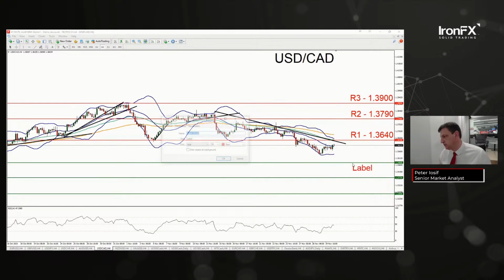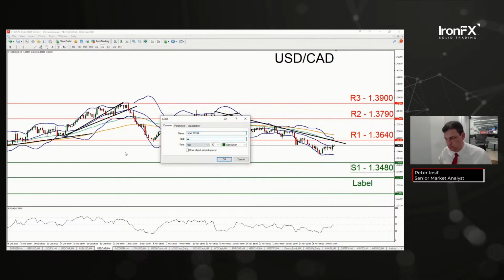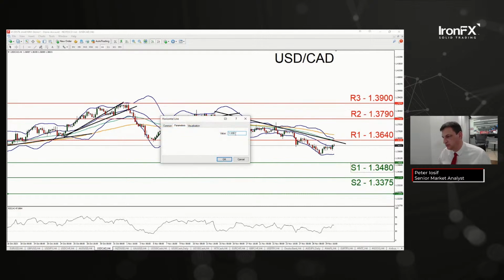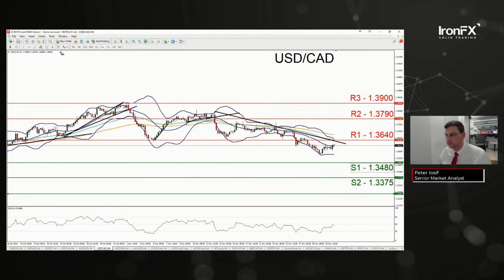The S1 at 1.3480. Green. S2 at 1.3375. And the S3 at 1.3260. Let me verify that. Yep. S3.